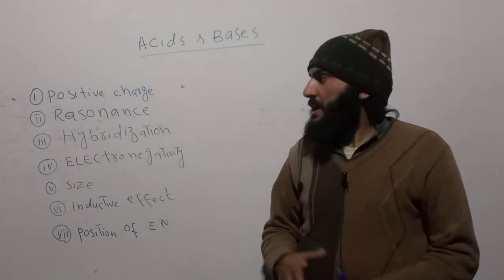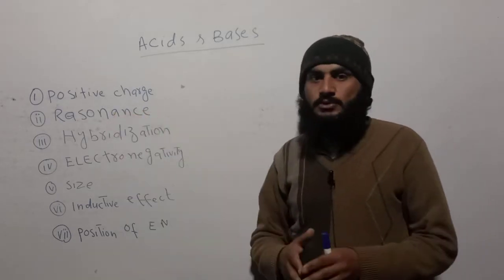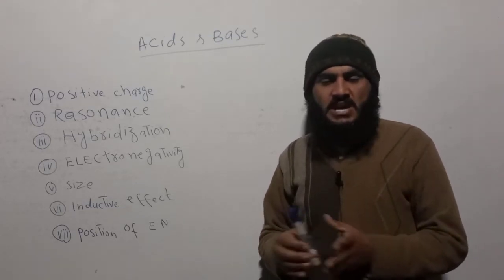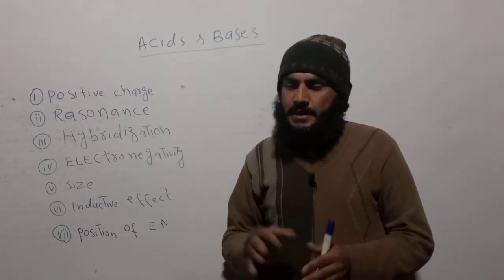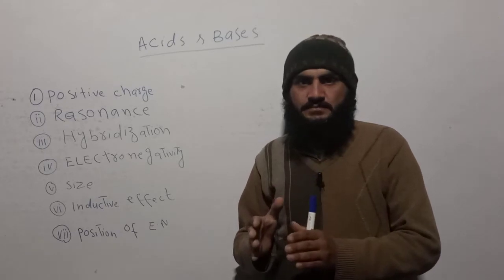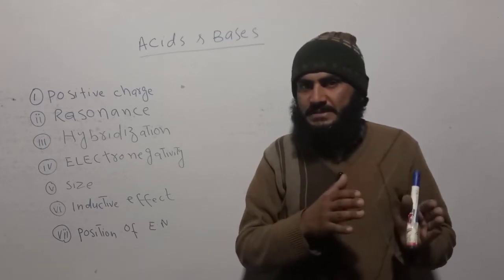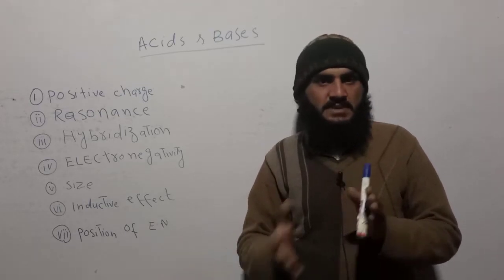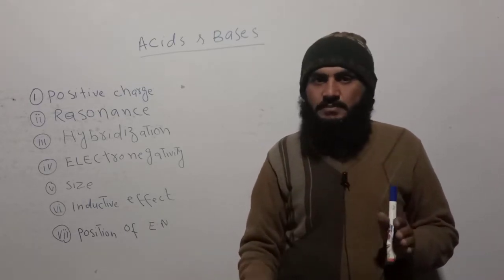We will study some tricks about acids and bases. Now we will study how to differentiate between strong acid and strong base, or strong acid with weak acid, strong base with weak base.